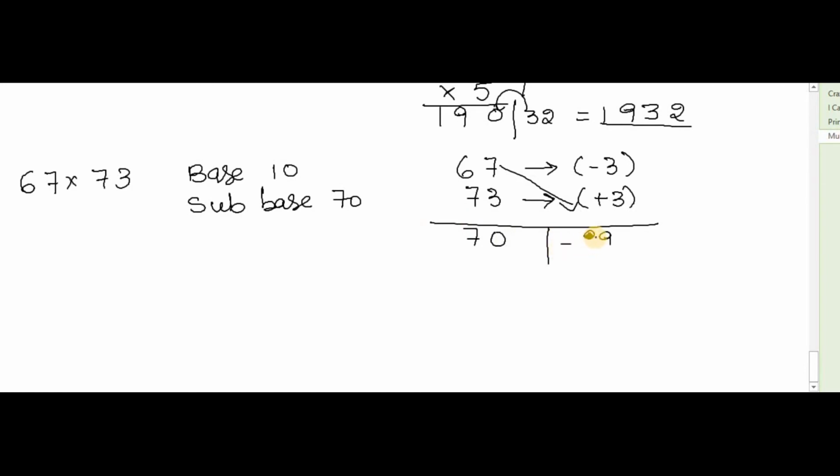You know that you are going to write 2 digits, and my sub base is more than 10 by 7. So I'll multiply this by 7. 7 zeros are 0, 7 sevens are 49. And the balancing rule. 9 will come as it is. 0 plus 0.